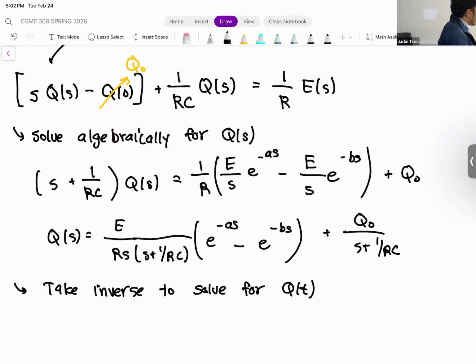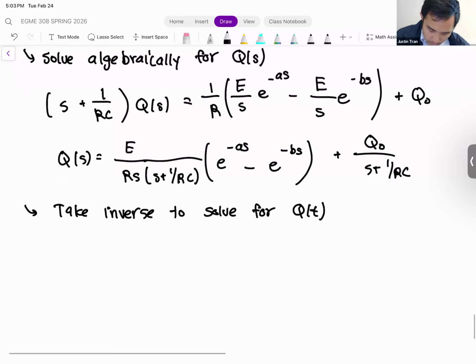So taking the inverse, we have essentially two terms here. We have basically 1 over s times s plus 1 over RC. That one we're going to need to do partial fractions for. And then the other term is q naught over s plus 1 over RC. That one we don't have to do partial fractions for. That one is ready to invert. So let's do this one first.